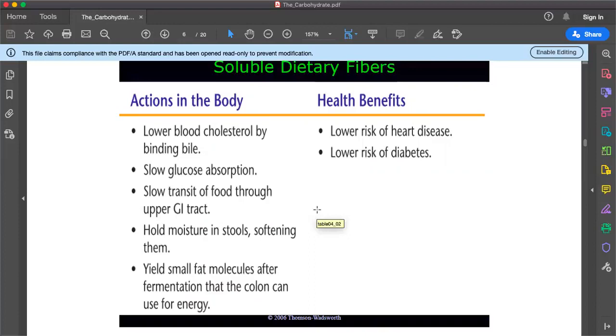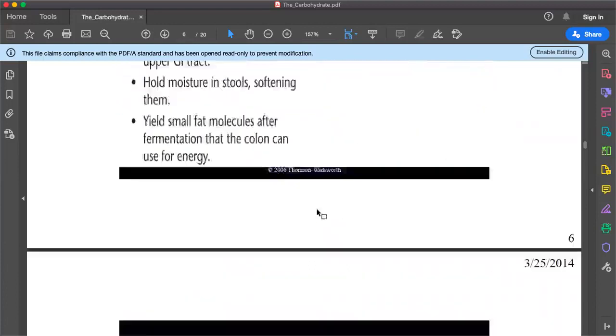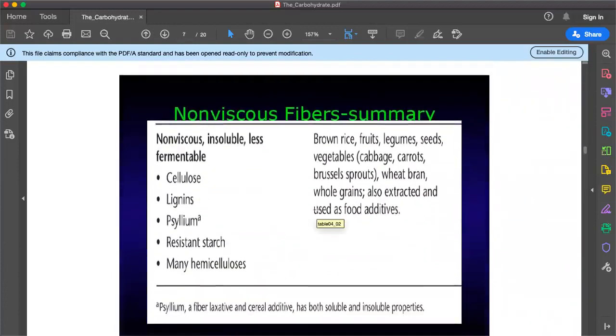Soluble fibers play a significant role in preventing or reducing the risk factors of colon cancer. So, that was just a brief scenario.